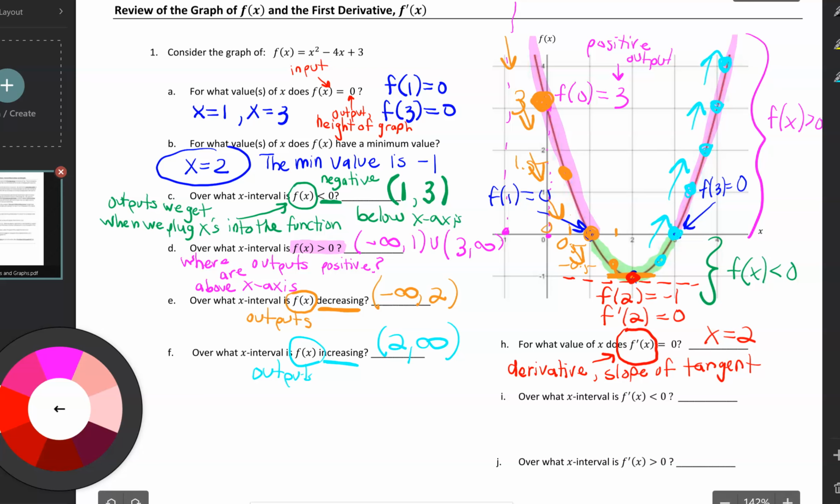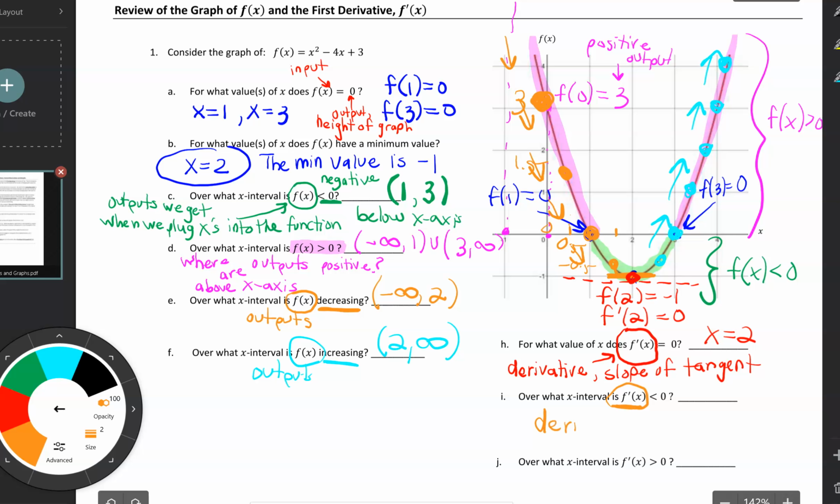What about I here? I says, over what x interval is the derivative less than 0, meaning negative. Where would your derivative be negative?